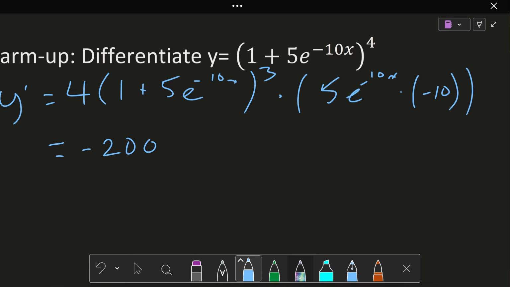And then I'm going to write down that e to the negative 10x out front, and then I'm going to write my bracket. It doesn't really matter the order of multiplication. What mathematicians like is having our constant out front, then any kind of smaller function, which is just e to the negative 10x, and then any brackets. So there is my derivative.